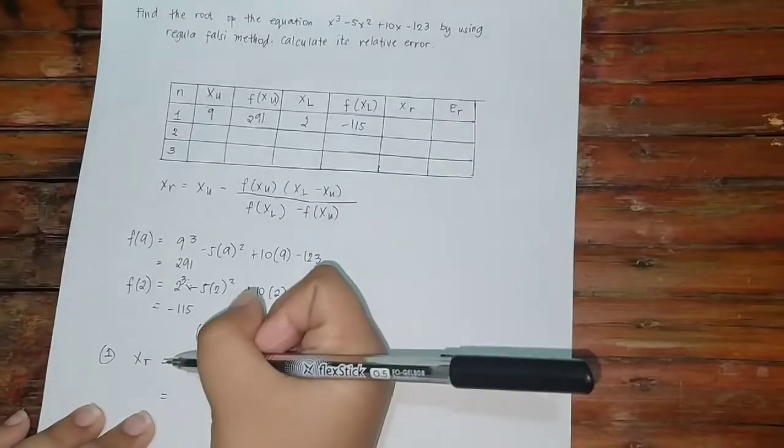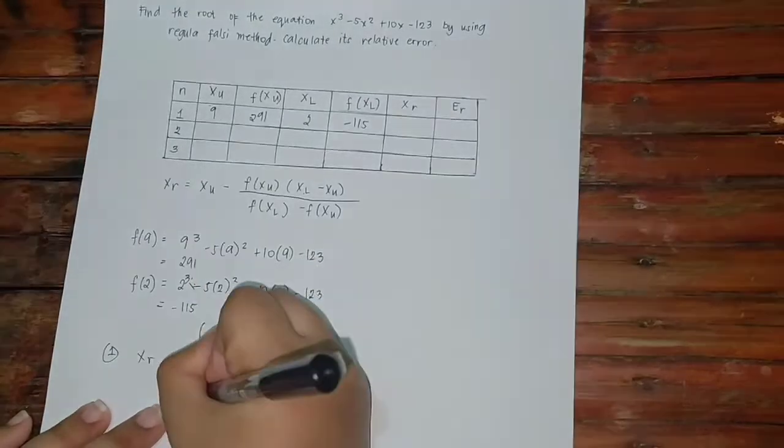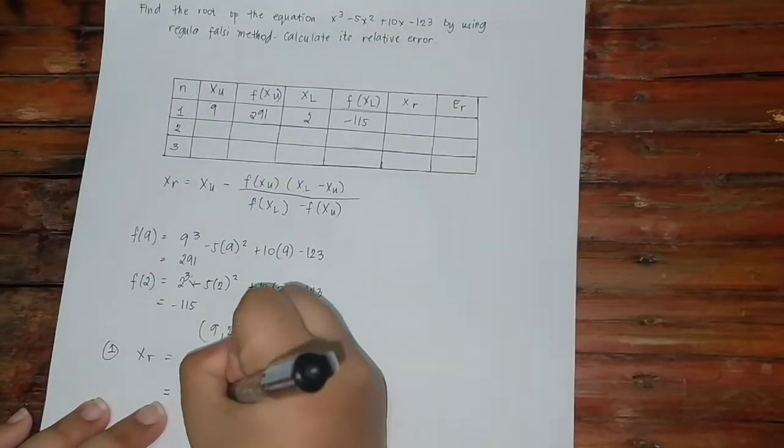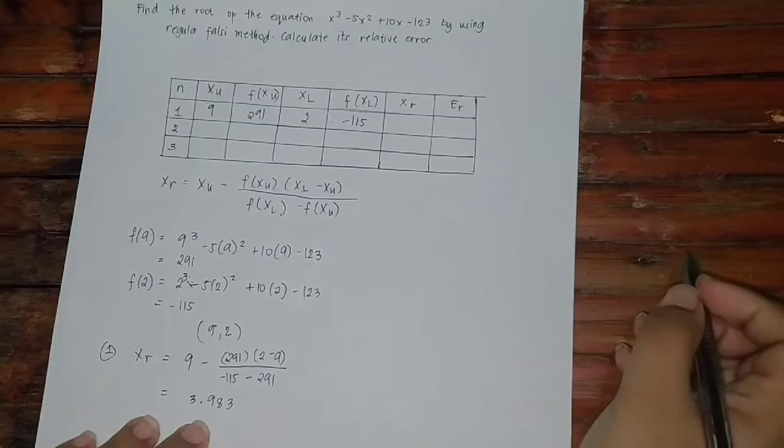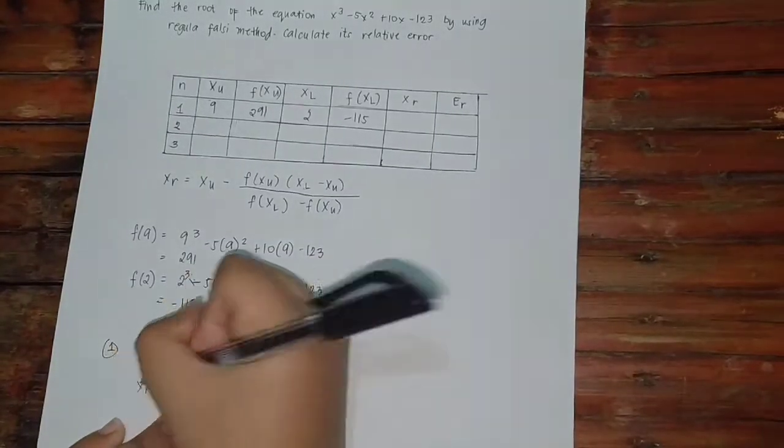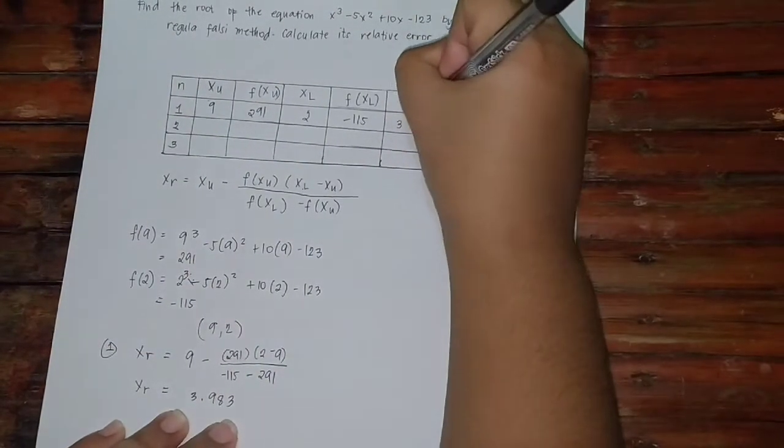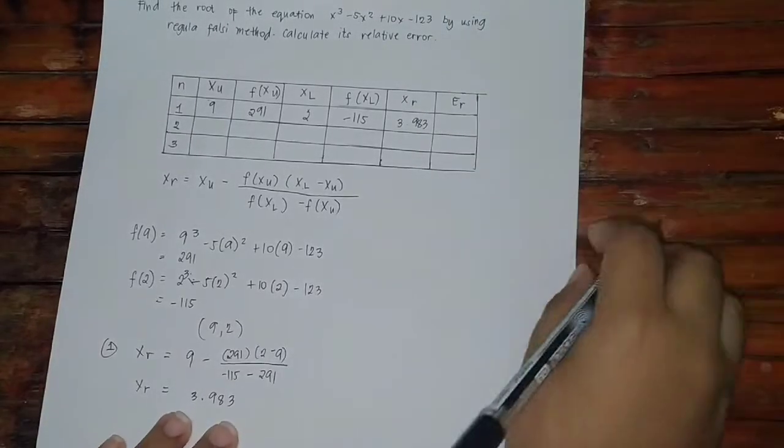It will give us 3.983 as calculated. So the first x of r is 3.983.